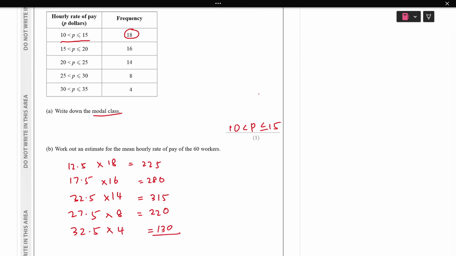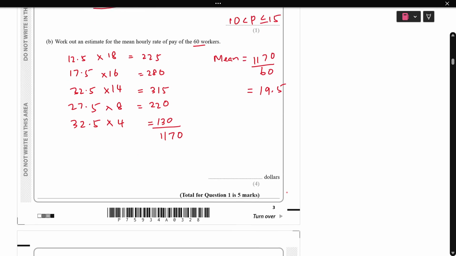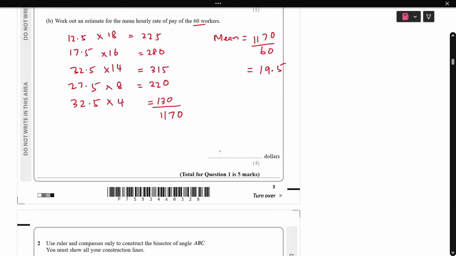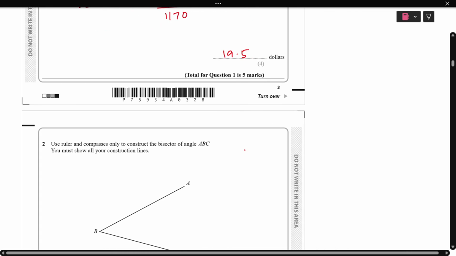When we add all this up, the sum is 1170. So finding the mean, the total is 1170 over the frequency, which is 60. When we divide by 60, the answer is 19.5. Okay, so we go for the second question.